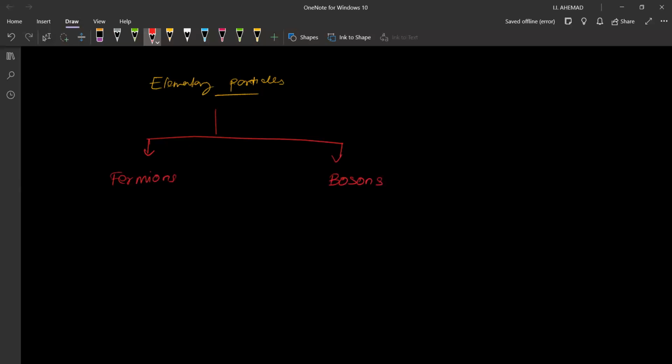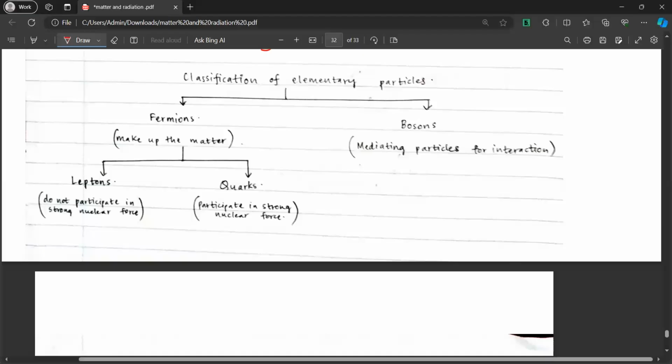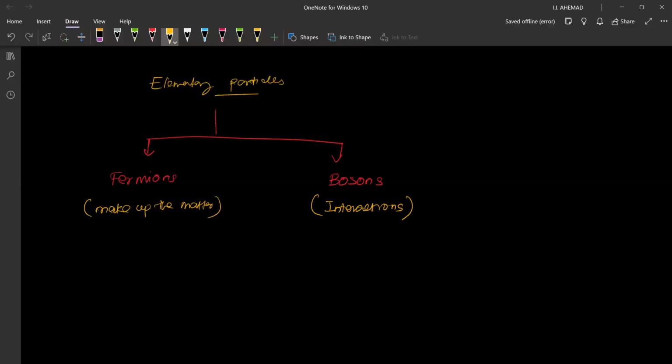These fermions are the ones who make up the matter. And bosons are the reason for the interactions among the particles.